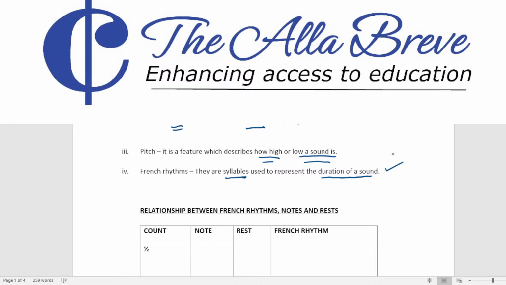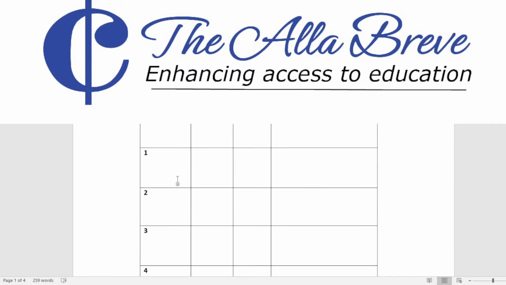So we start with filling this particular table, which shows the relationship between French rhythms, notes, and rests. Before I come in terms of filling, as a student, I will ask you to recall what we learned in the previous lesson.